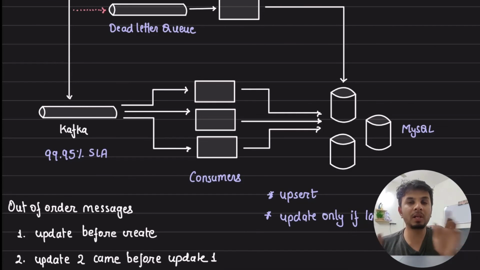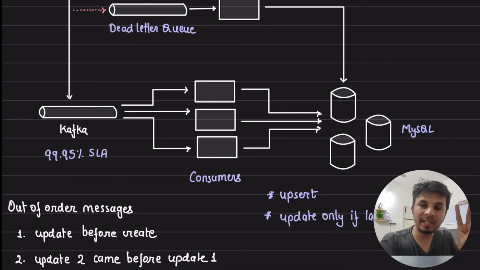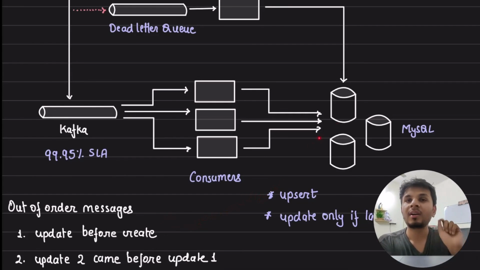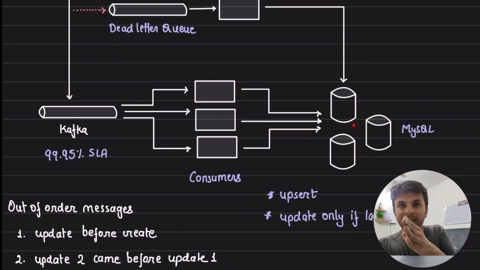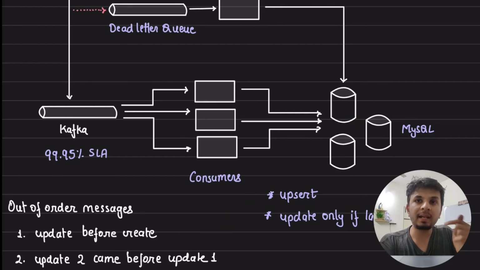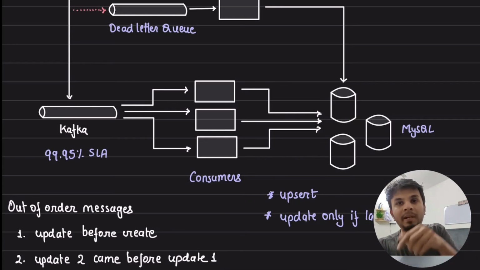Otherwise, I won't, because you have to be very aware of the fact that messages may come out of order. So two very important design decisions: we always do upsert in the database in order to handle an update coming before create. And while we are updating, we always check the timestamp so that we never apply a past update on a later version of the data. Very important when you think about implementation.